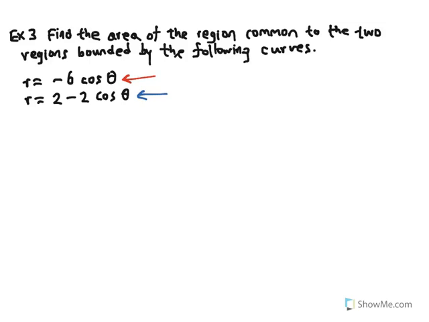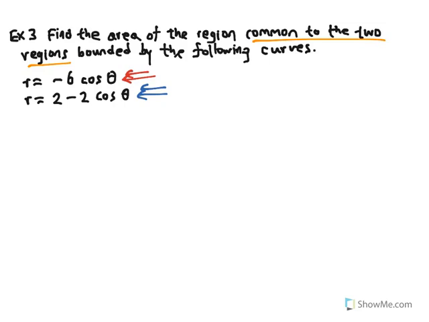But the instructions are to find the area of the region common to the two regions bounded by the curves. In other words, you want to see where the inside of the circle will overlap with the inside of the cardioid, and that's the region whose area we want to find.